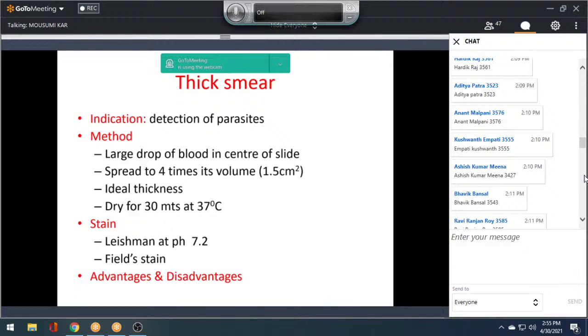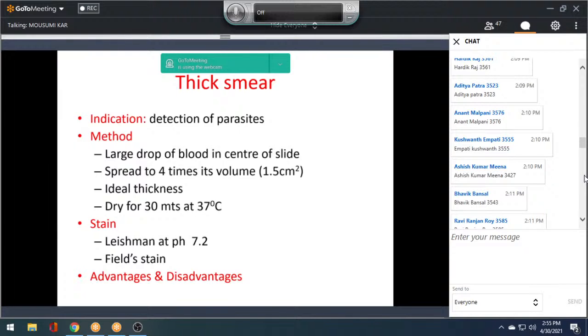This is done by dipping the peripheral smear you prepared multiple times. You dry it for half an hour and then you dip it multiple times into distilled water till the smear becomes clear. So the red color of the RBC is lost. You get a clear background and you'll be able to pick out the parasites clearly.